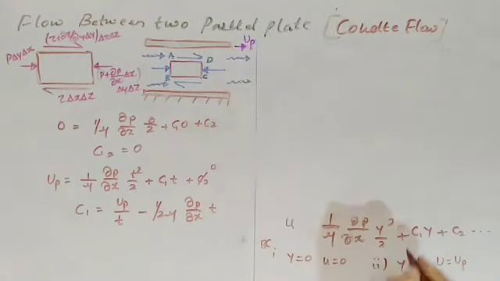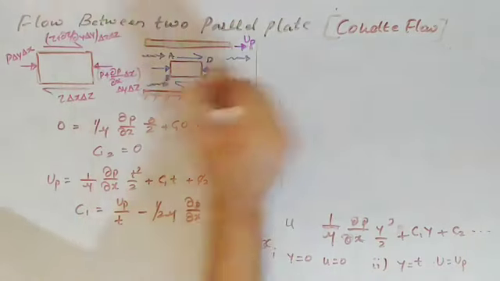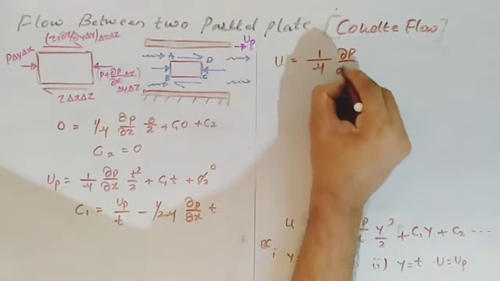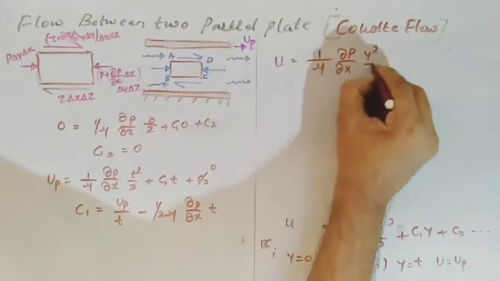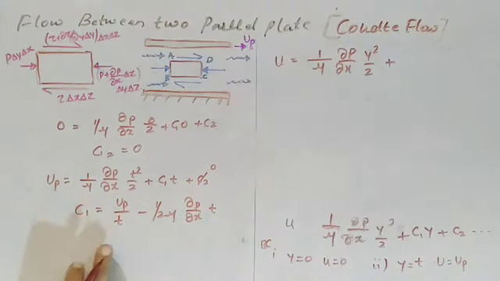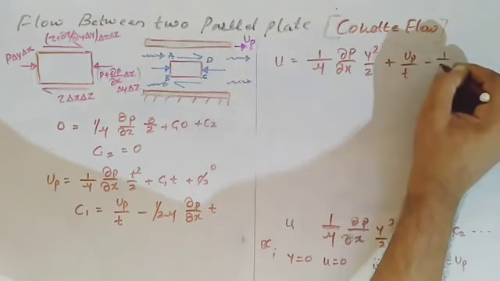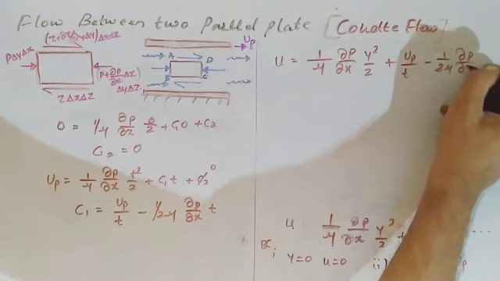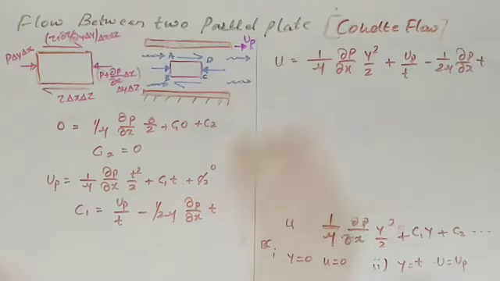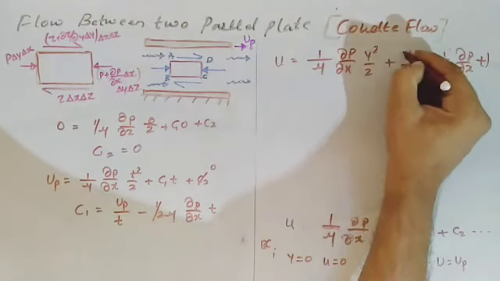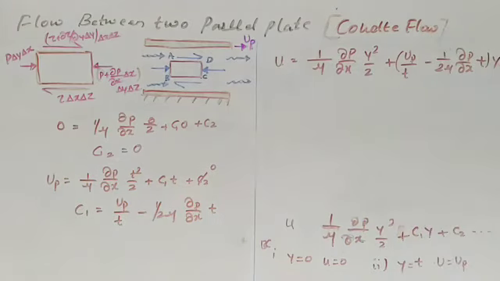So u will be equal to 1/mu ∂p/∂x, then y squared divided by 2 plus the c1 value, Up divided by t minus 1/(2 mu) ∂p/∂x into t, the whole bracket into y. Then again the c2 value is 0.